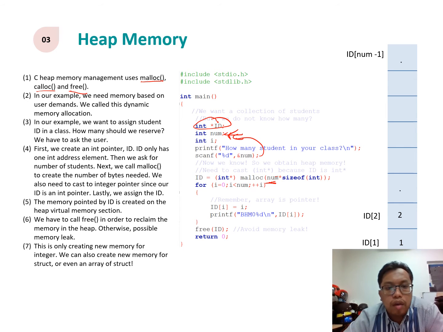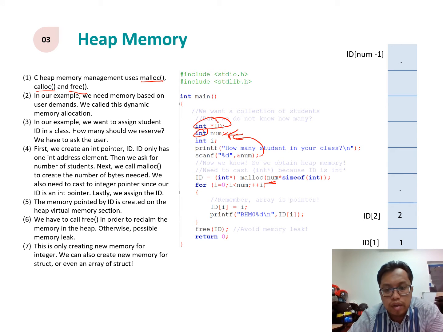Then we have to cast, because num is an integer but id is an integer pointer. So you have to convert, in more familiar terms, from integer into an integer pointer, and you have to use the cast.